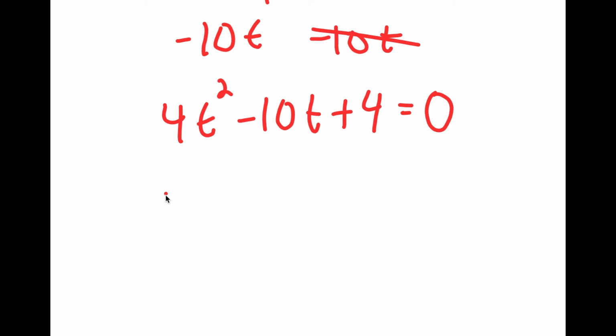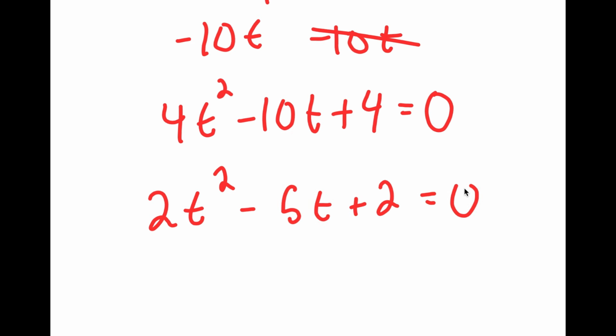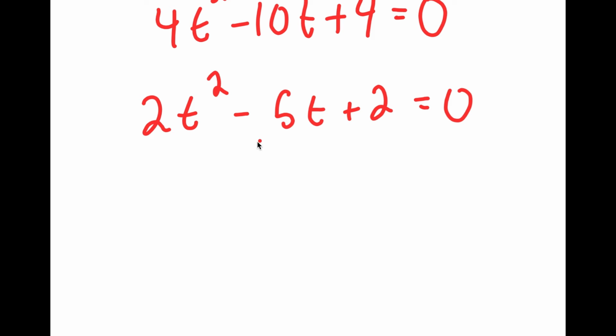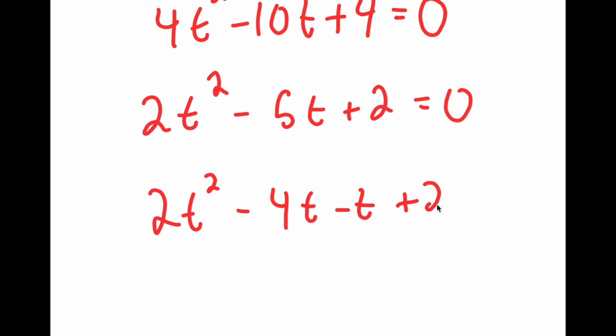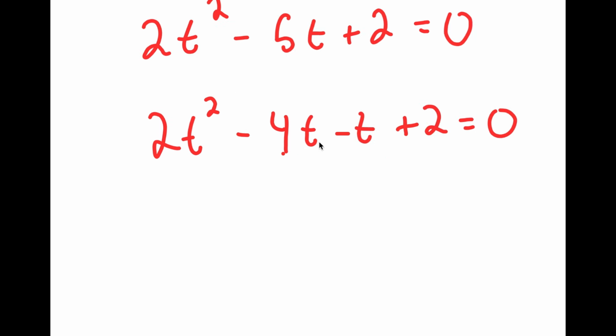Now if I factor out 2, I get 2t squared minus 5t plus 2 is equal to 0. And now I'm going to rewrite this as 2t squared minus 4t minus t plus 2 is equal to 0. And now I can factor by grouping. So from 2t squared minus 4t, I can factor out 2t.